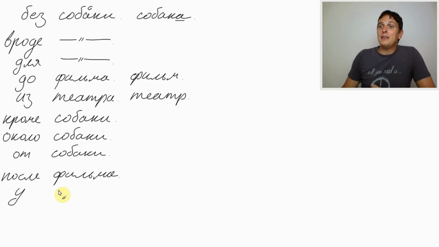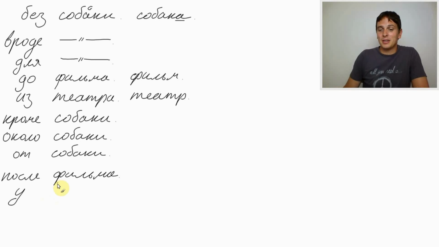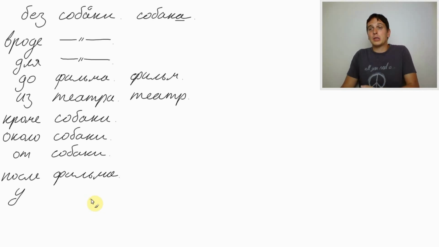Or if something is at the dog's. For example, a bone would be кость. Кость у собаки. Bone being at the dog's. So the dog got a bone. I hope it was understandable. Take it as by, at something, or being at something. There are several translations for this, and we need to go through different contexts and see how to translate it. And we will have it in the next lesson.